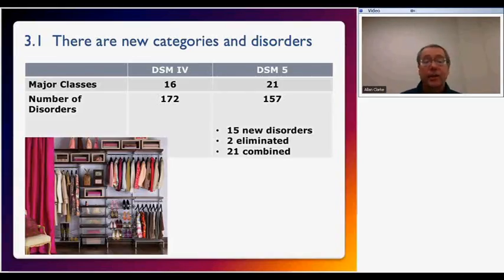Okay, 3, there are new categories and new disorders, and so there's been some reorganization here with some additions and some subtractions. What they're doing in the DSM is organizing information, and many professions do that. If you were a chemist, you would work with the periodic table of the elements. If you were a biologist, you would work with an organization of how we organize animals into different species and the like.